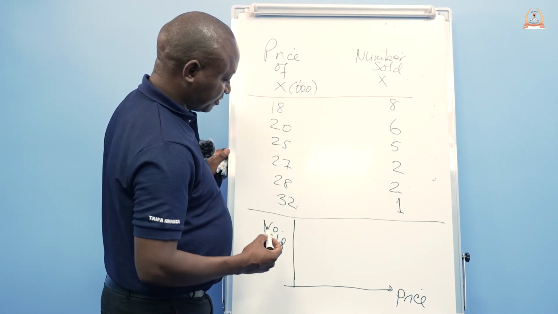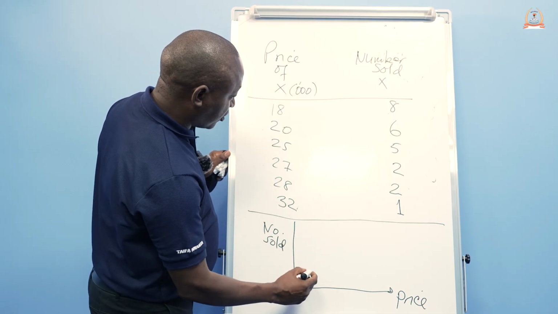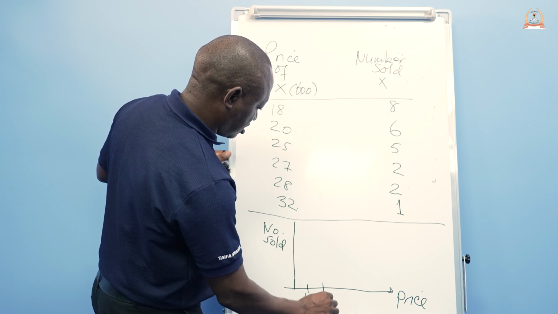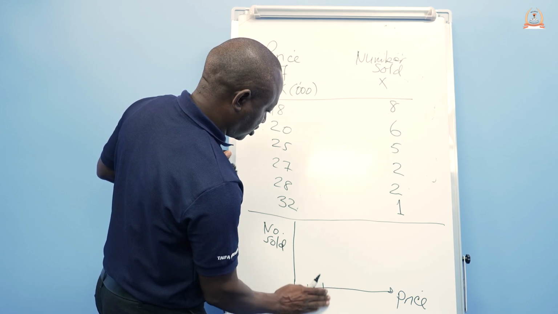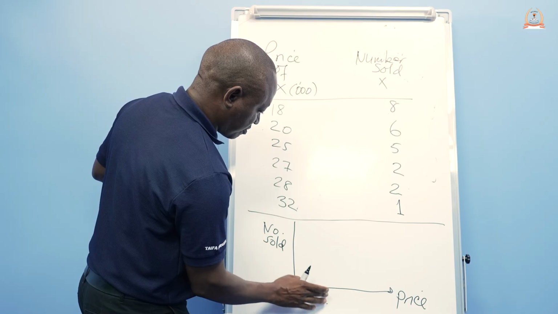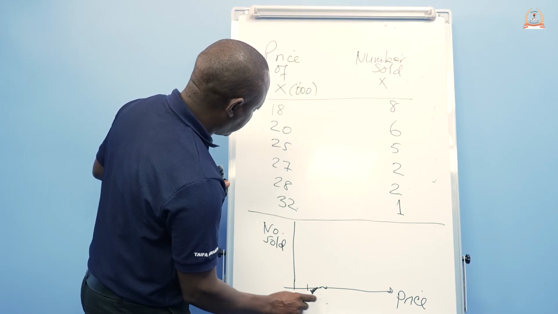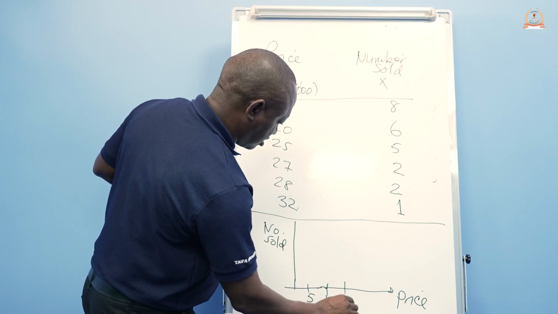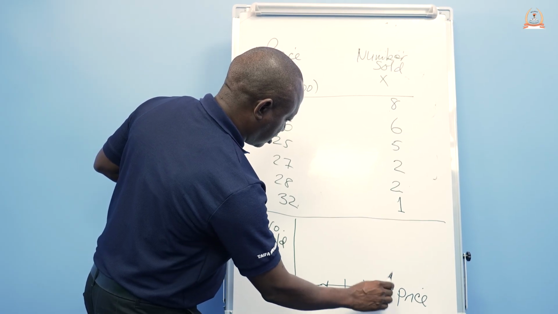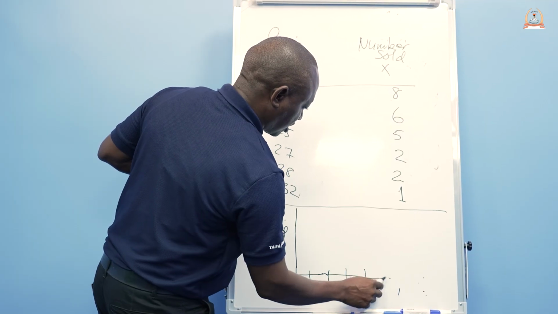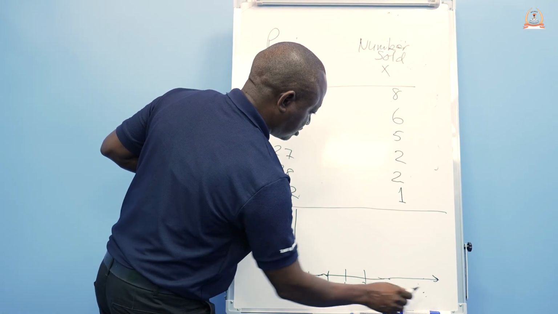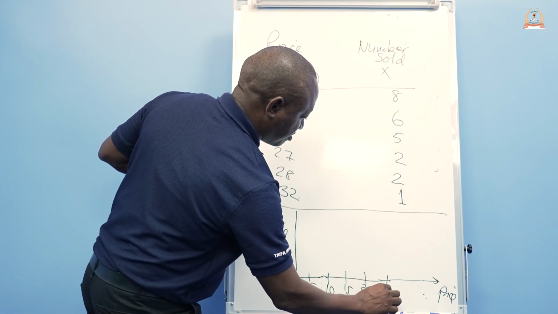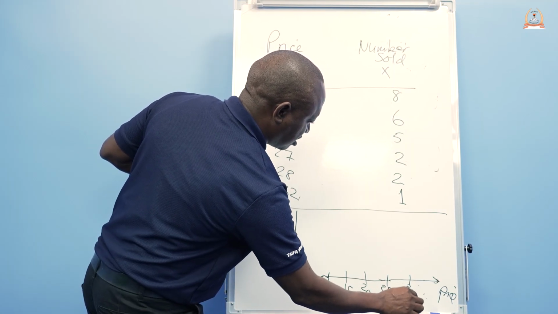So roughly, if you plot this, maybe 5, 10, 15, maybe 20, then 25, maybe 30, and 35.